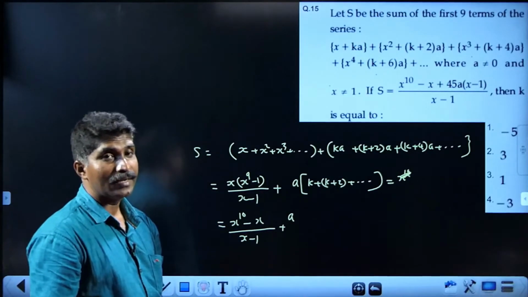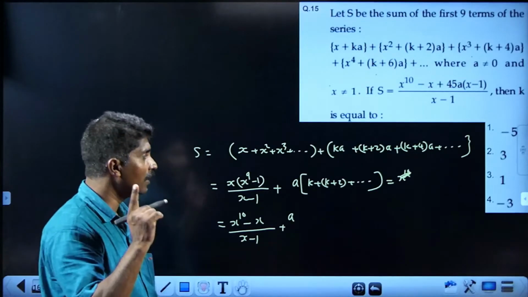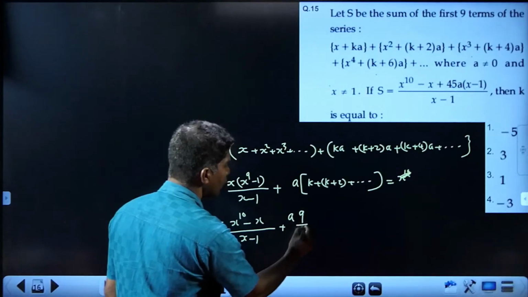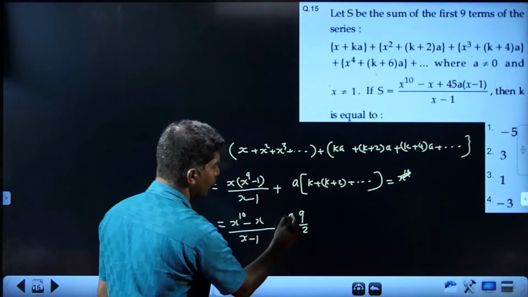AP with 9 terms. So what is the sum? 9 by 2 into 2k plus n minus 1. Never confuse 9 and a.